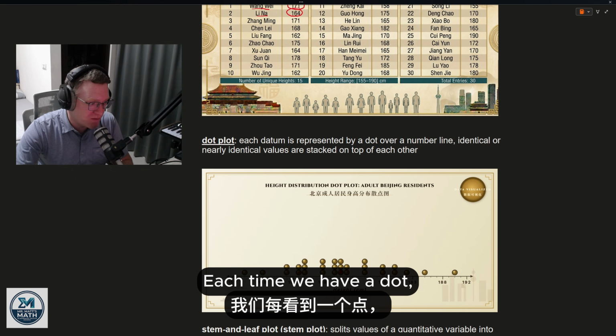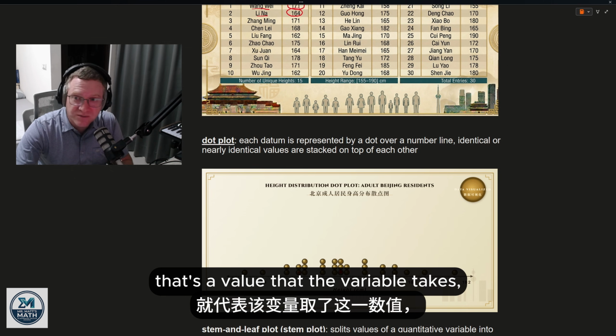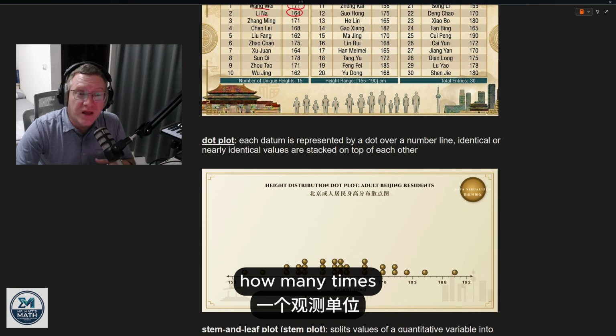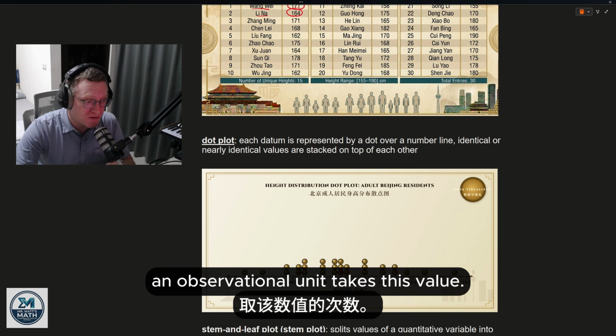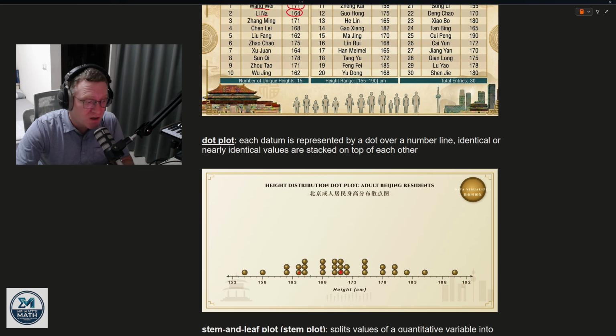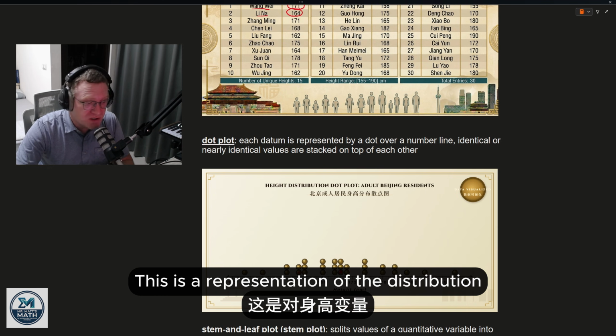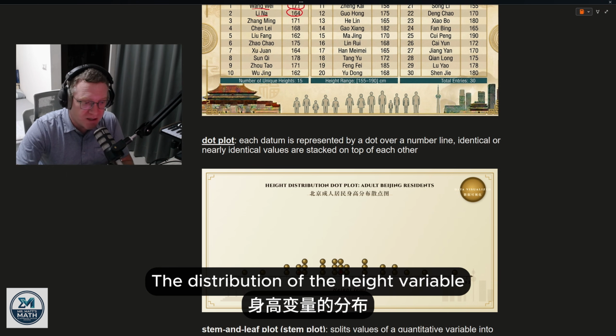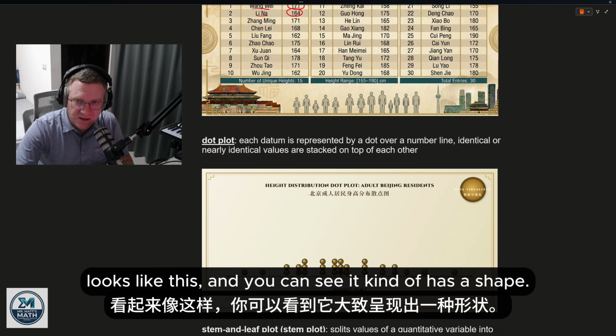Each time we have a dot, that's a value that the variable takes, and the number of dots on top of it represents how many times an observational unit takes this value. So this is a representation of the distribution of the height variable, and you can see it has a shape.